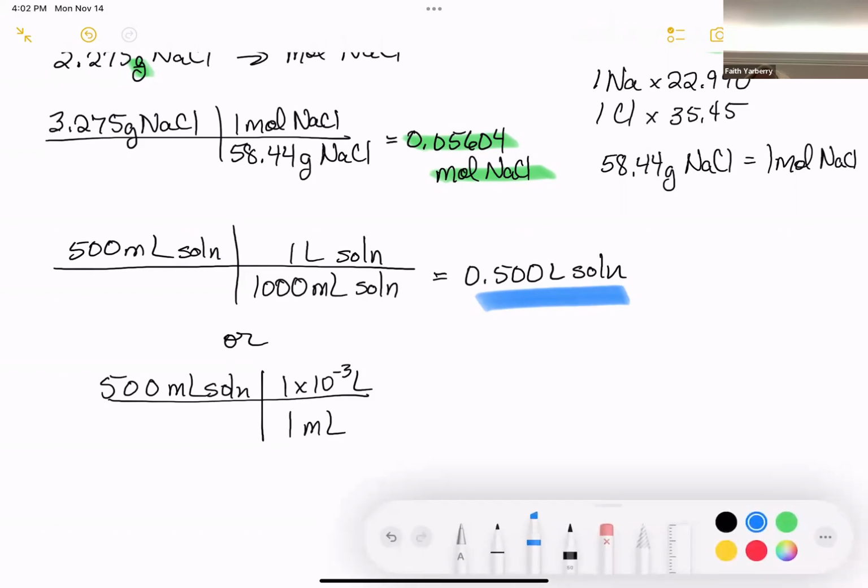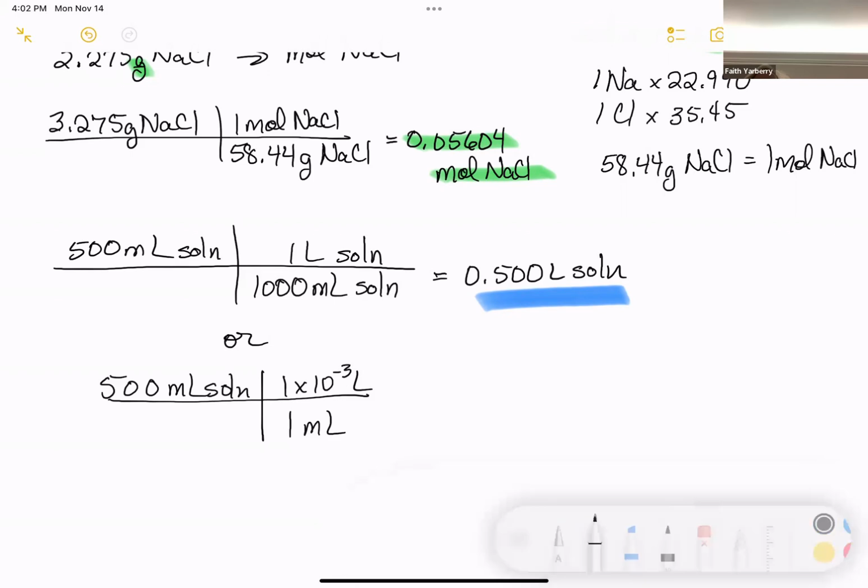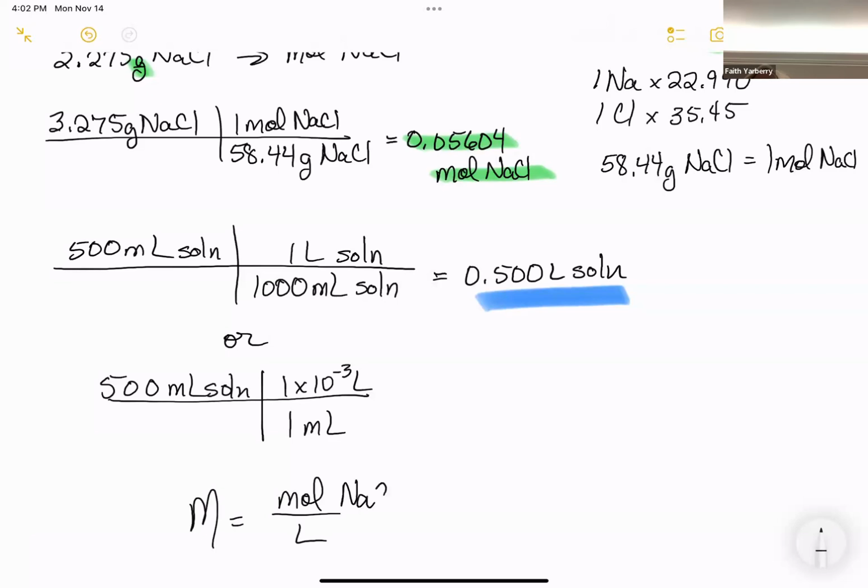So now, if I want the molarity, molarity is moles over liters. Specifically in this case, it will be the moles of sodium chloride over liters of solution.